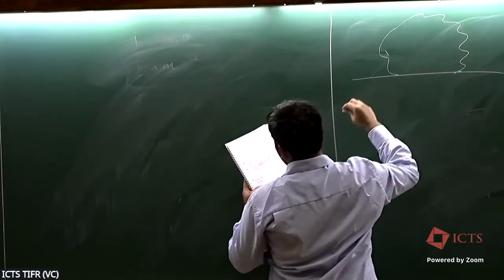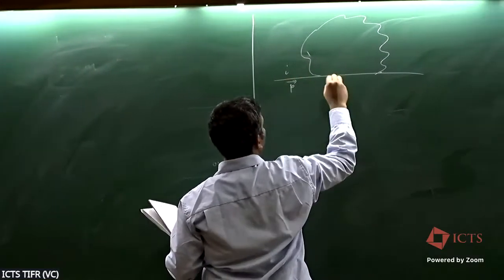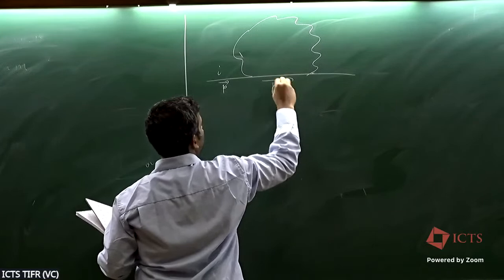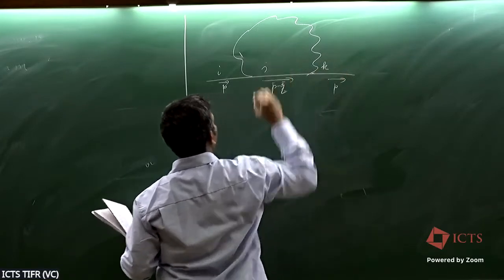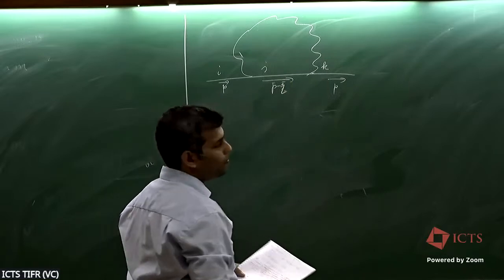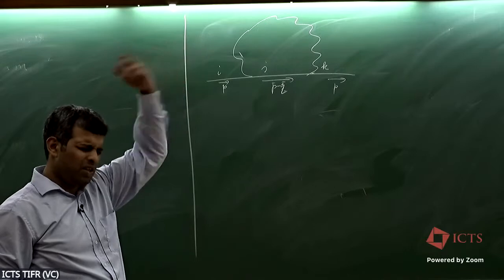So yeah, just let me rewrite again. So momentum coming in, P minus Q, E, K, J. Okay, so everybody recall this heavy quark EFT Feynman rule.